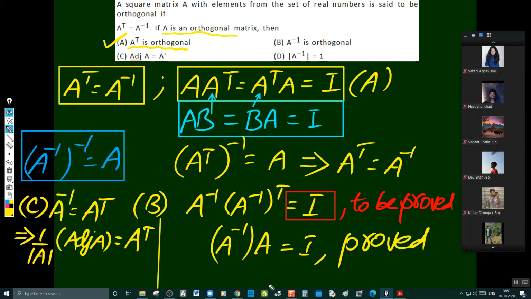So what should be adjoint A then? Adjoint A is det A into A transpose, please. Is it visible, everyone? The screen, please. Yes, sir. Now here, according to this, adjoint A is equal to A transpose happens only when det A is equal to 1. Det A is equal to 1. Is it possible that det A is 1?